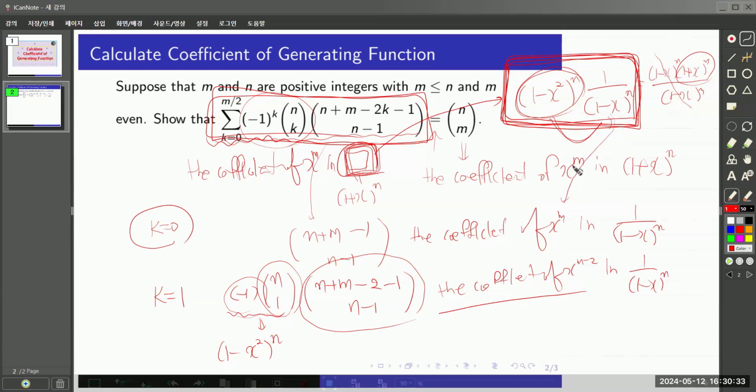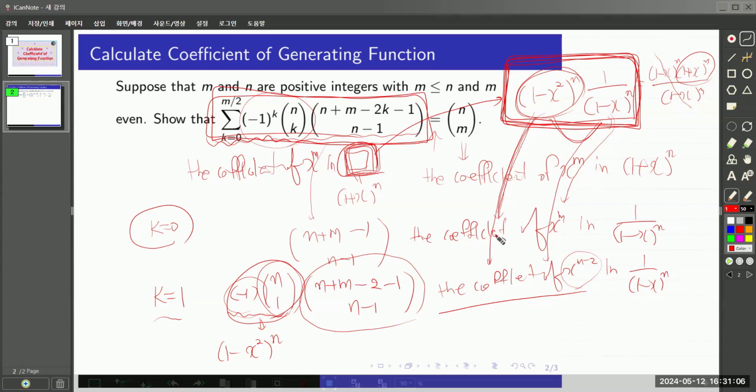And if you choose x squared here, which means that k is equal to 1 case, that's the coefficient minus 1 times n choose 1. Because you chose x squared here, you want to choose x to the m minus 2 here.